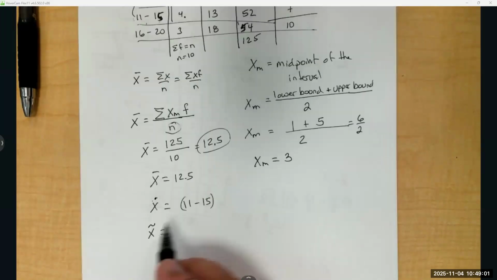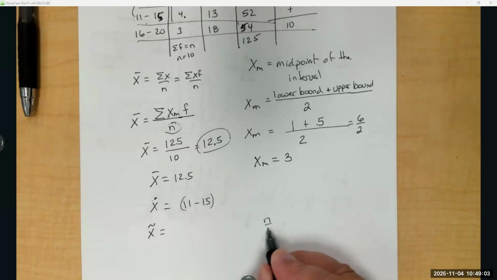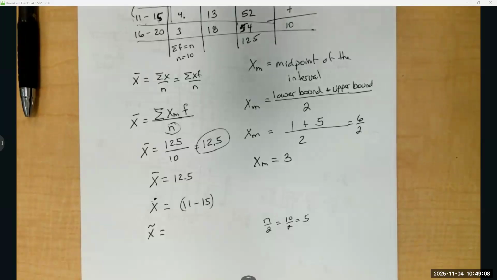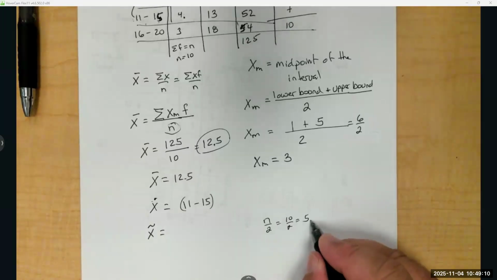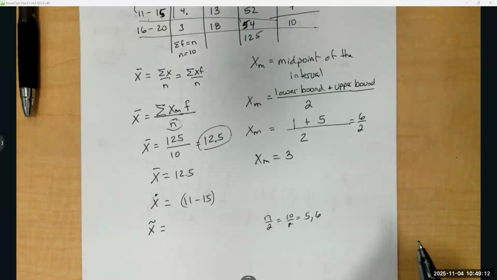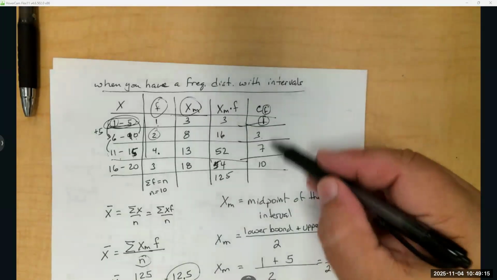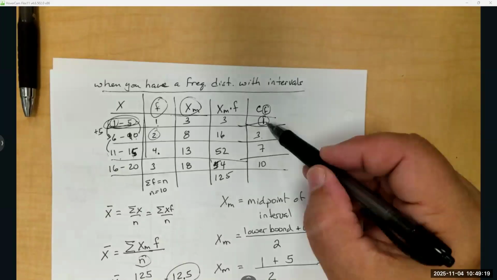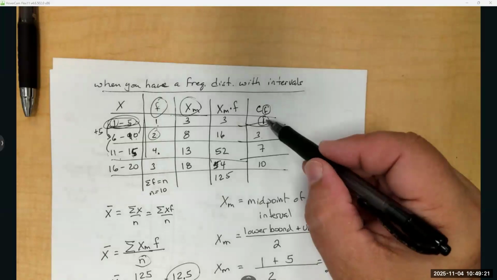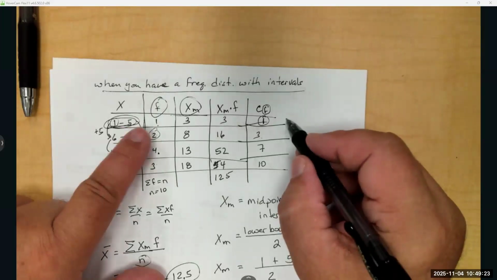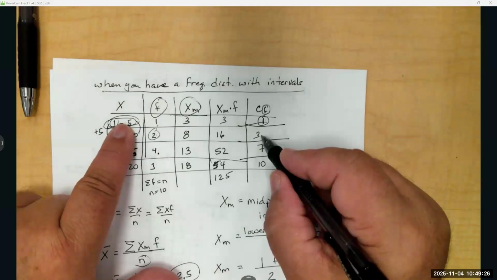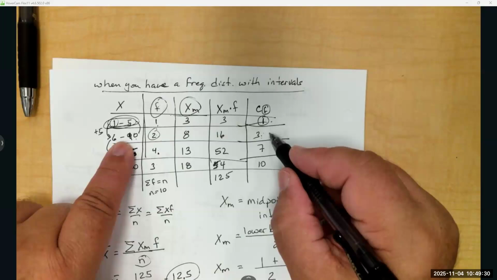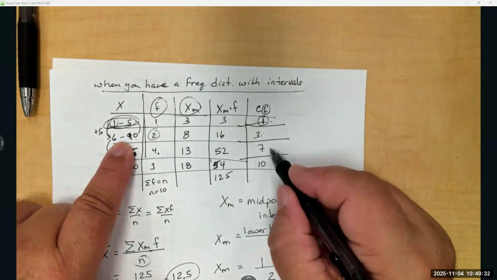And we do the same thing. So to find the median, take n divided by 2. So 10 divided by 2 is 5. It's an integer, so we go to the 5th location and the 6th location. So where is the 5th location? No. This one has the first one. The next one, this one has one of these. Then the next 3, this is 1, 2, 3, 4 going here. 5, 6 goes here.